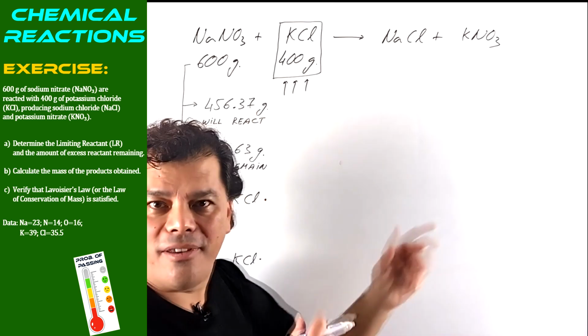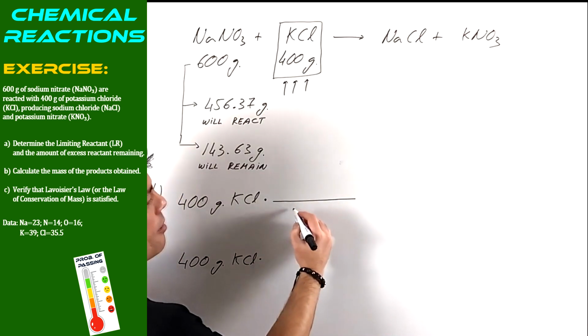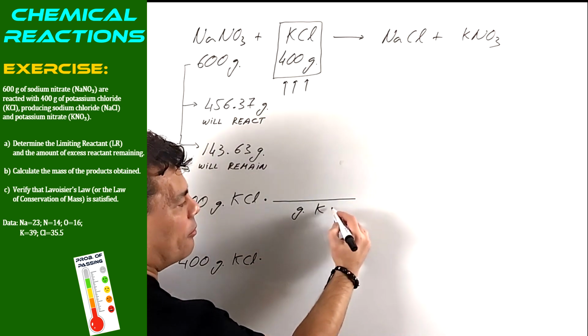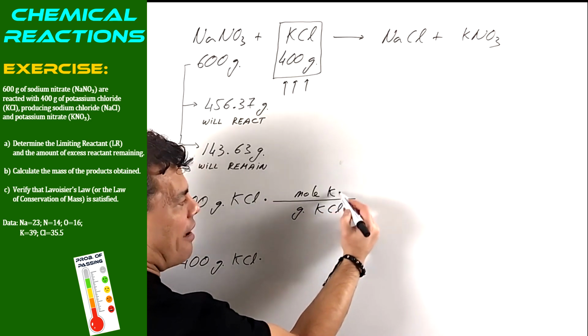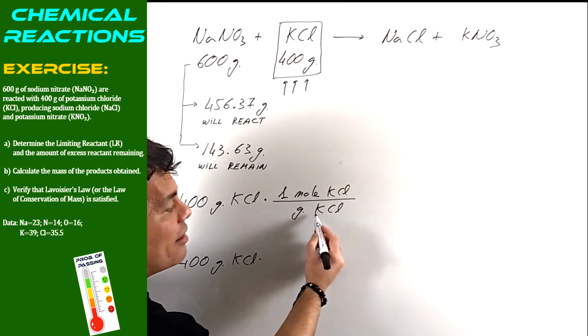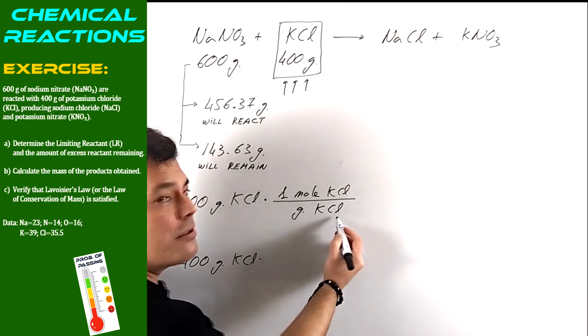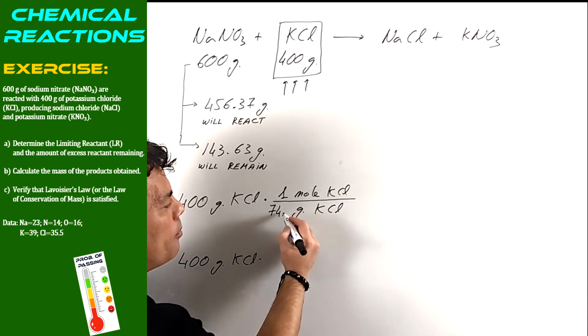And let's do it. The first conversion factor moves from grams of potassium chloride to moles of potassium chloride. With 1 mole, we are doing this calculation, and let's add 39 plus 35.5, which was 74.5.